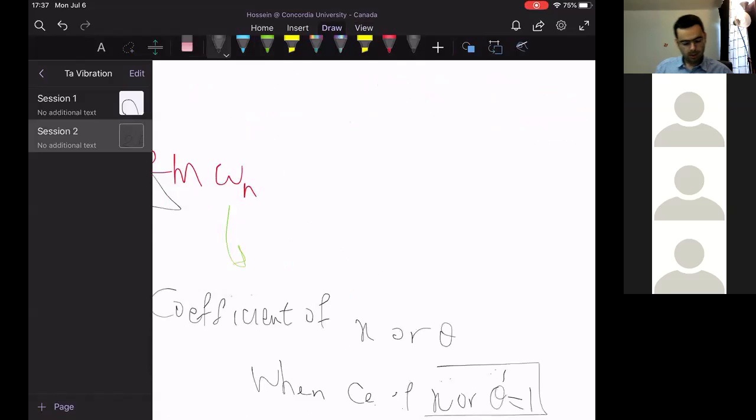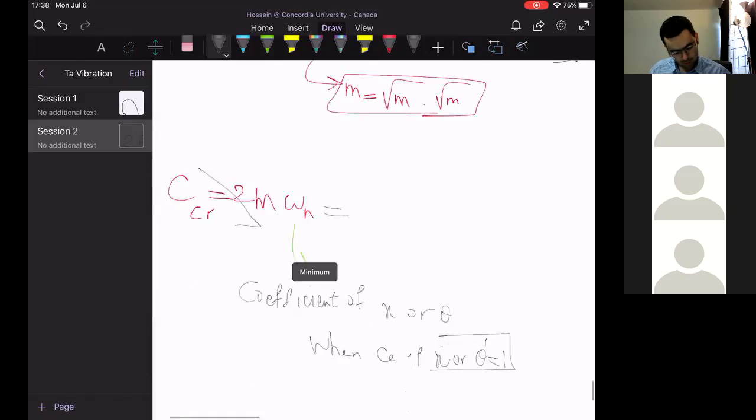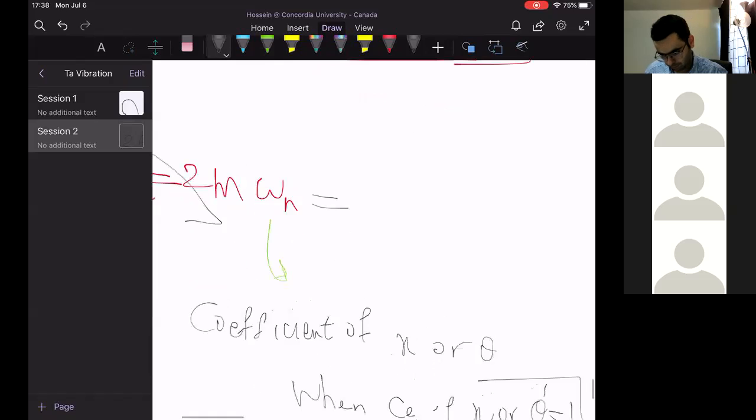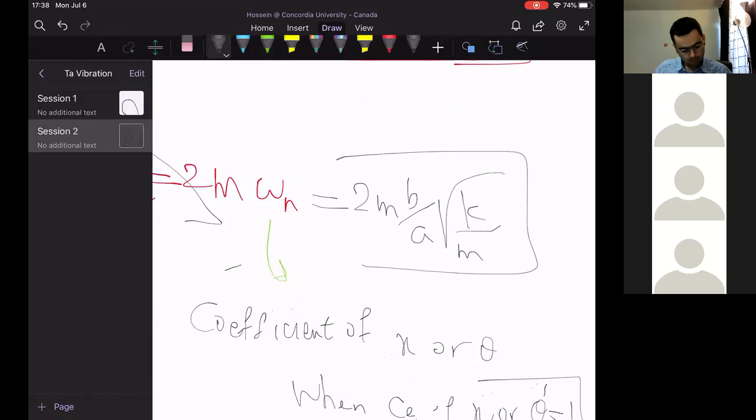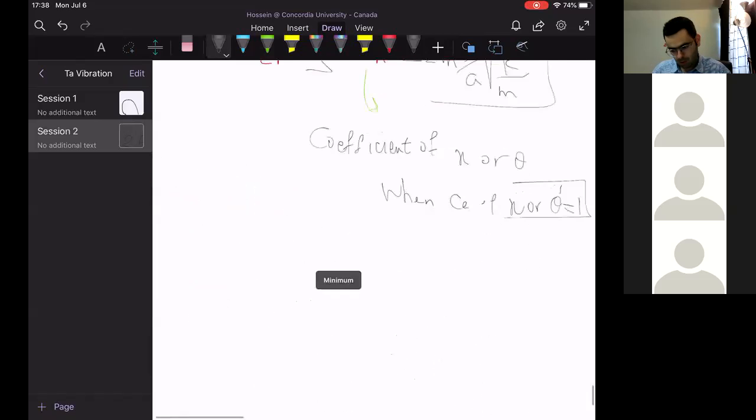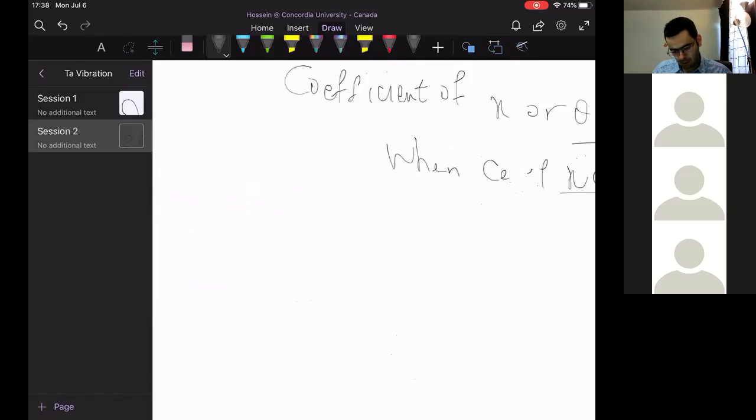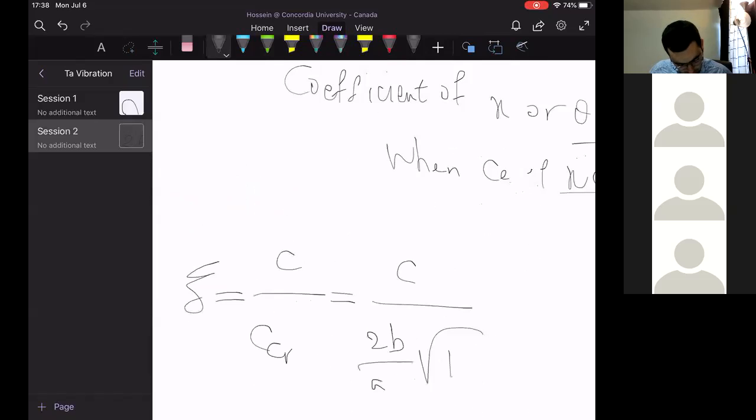So we already obtained the natural frequency. We could easily find the critical damping 2m omega n as 2mb over a square root of k over m. So zeta, the damping ratio, can be obtained as C over C critical, C over 2b over a square root of km.